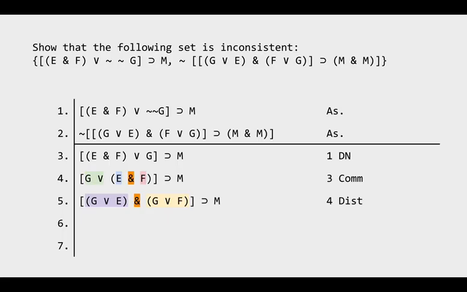Essentially, I applied the G and the wedge to the E, as you can see in the purple region below that. I carried down the ampersand, and then I applied the G and the wedge to the F. So that resulted in G or F. So now I have open bracket, open parentheses, G wedge E, close parentheses, ampersand, open parentheses, G wedge F, close parentheses, close bracket, horseshoe M.